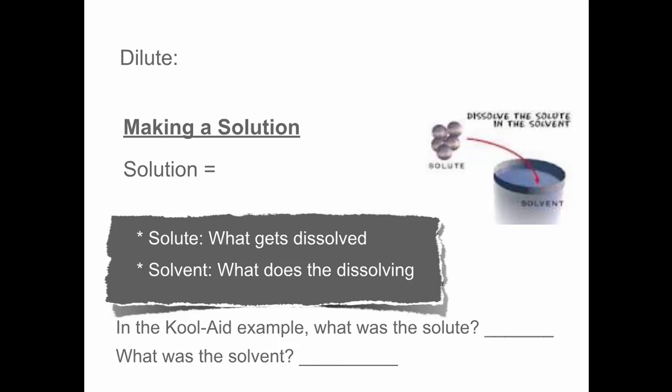So, when we are thinking about solutions, the word we have is more dilute. If you dilute a solution, it means you add more water to it, making it a lower concentration of the solute, a higher concentration of water.